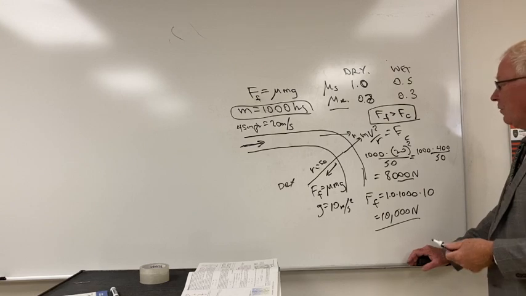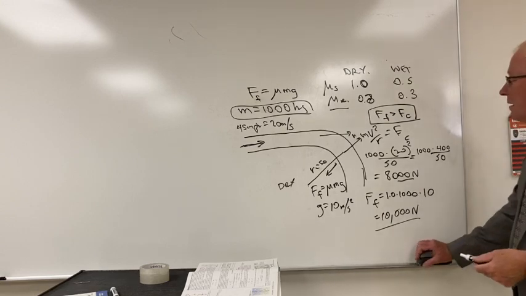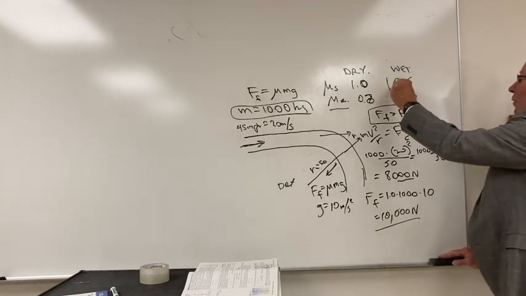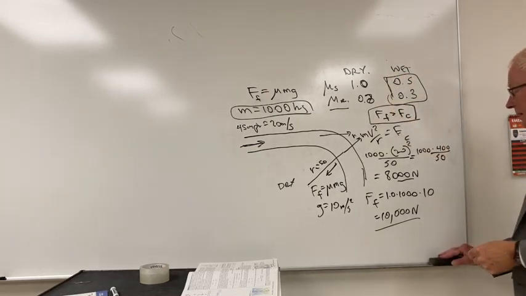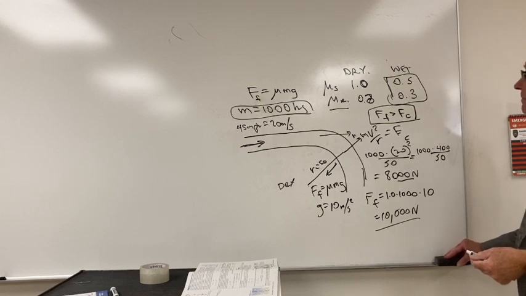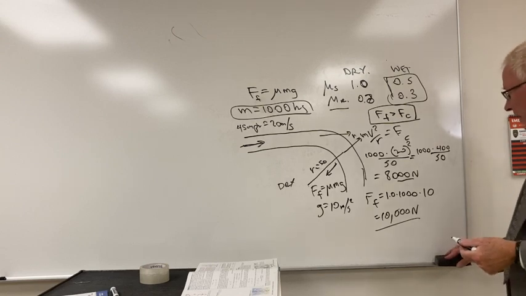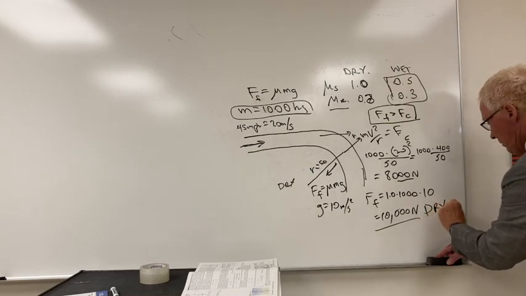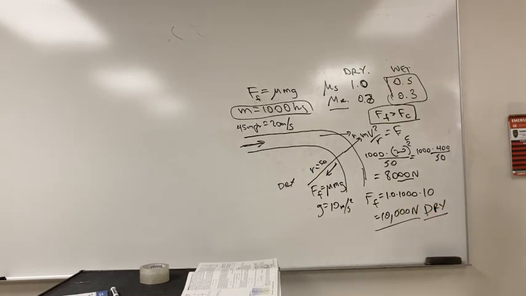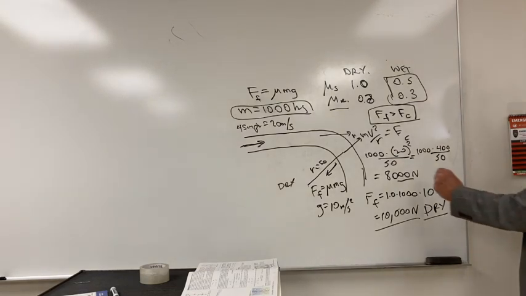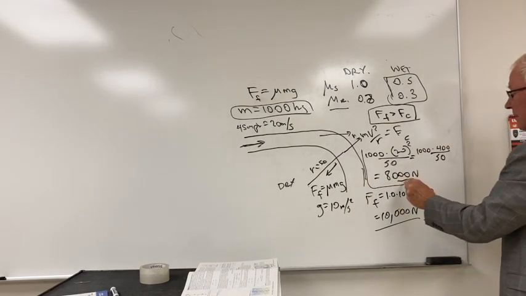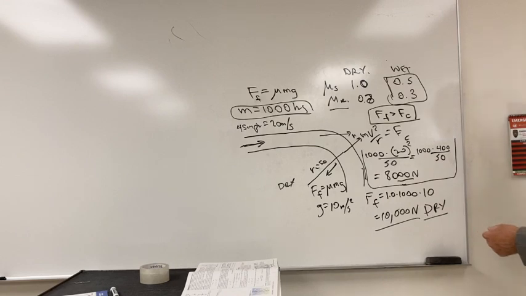All right, so now this was a dry road. Let's do this now with a wet road, a very wet road. Same speed, and see what happens here. So this is what we have for a dry road. I'll leave that up. This is not going to be any different up here. Centripetal force is still 8,000.